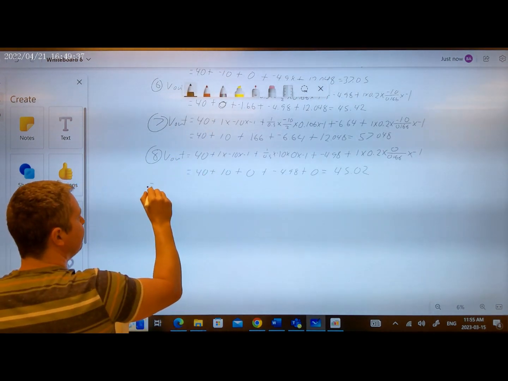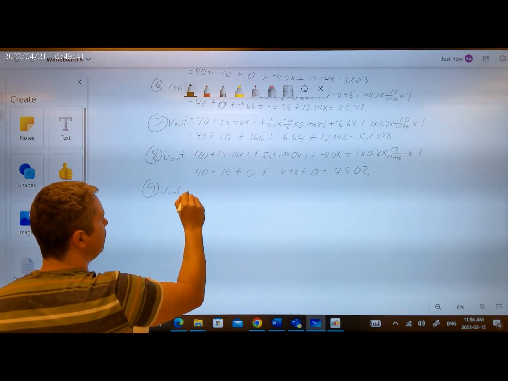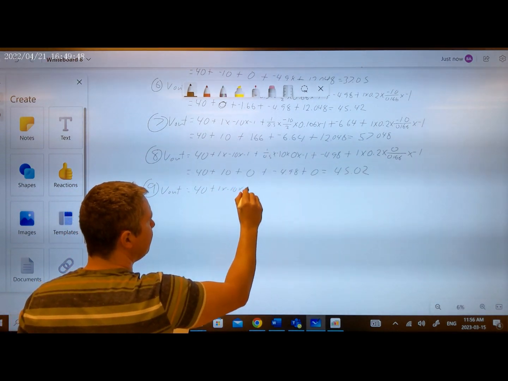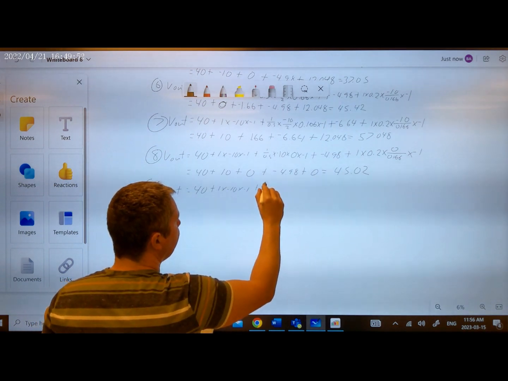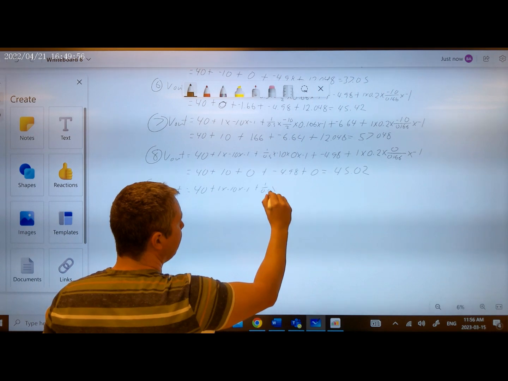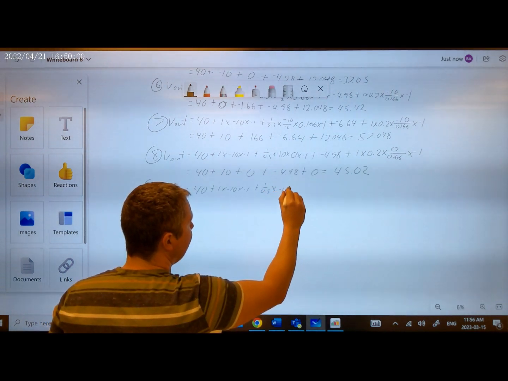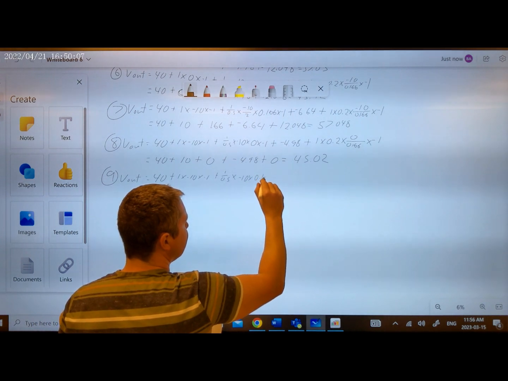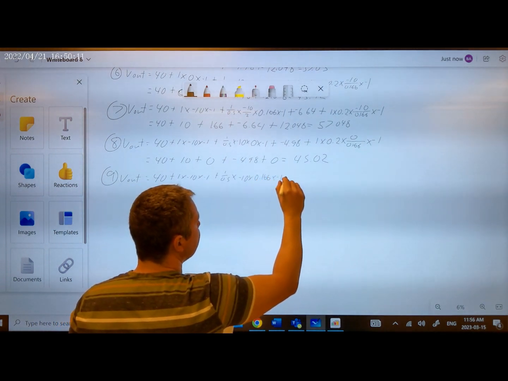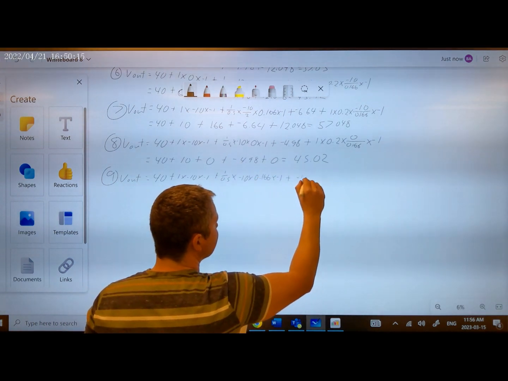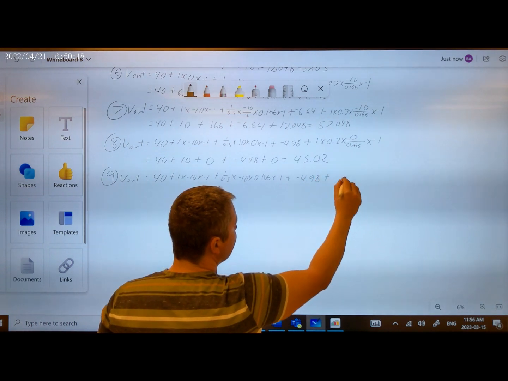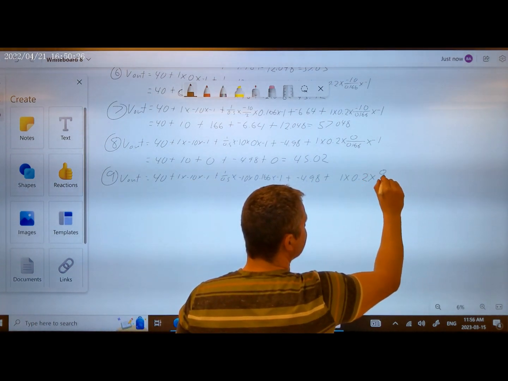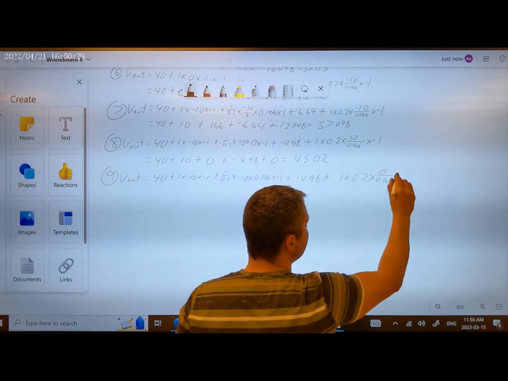So at number 9, V out equals 40 plus our integral times our direction plus our proportional over our integral times our error of minus 10 times our time of 0.166 minutes times our direction plus our old integral of minus 4.98 plus our derivative of 1 times 0.2 times a ramp rate, an error of 0 over 0.166 minutes times the direction.